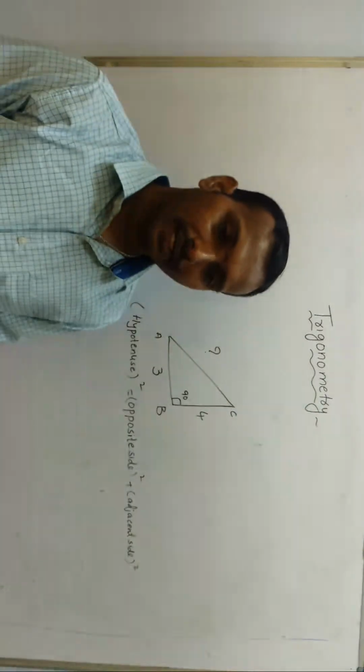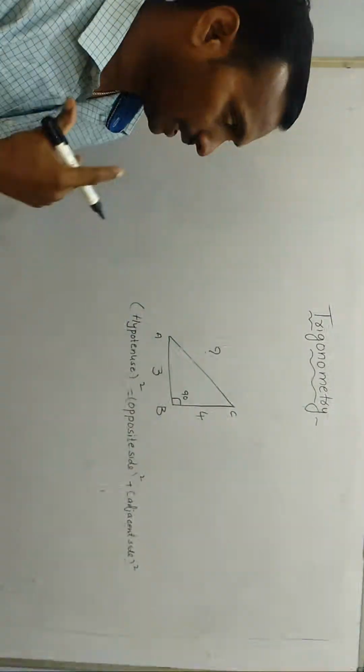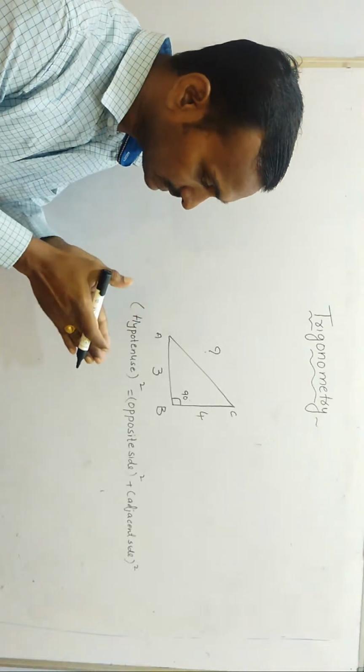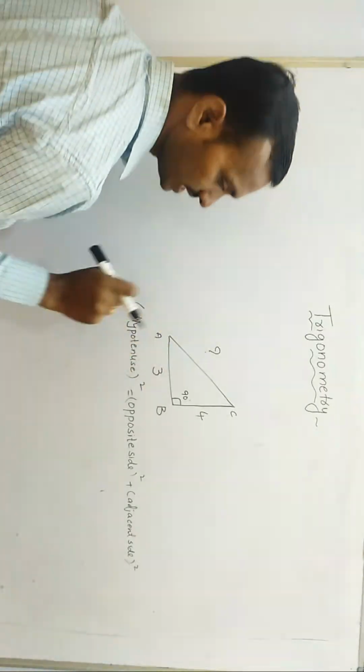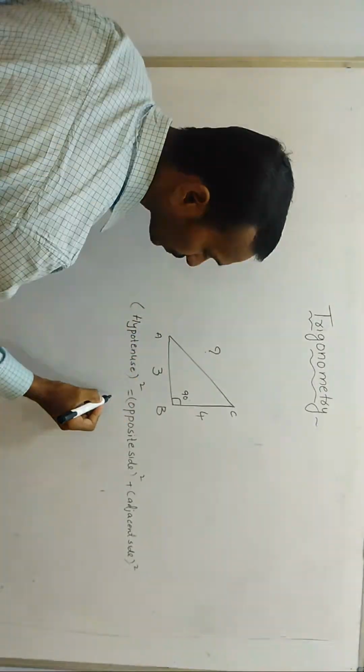Two sides of a triangle are given and he is asking for the third side. So to calculate the third side, we are going to use the formula hypotenuse square is equal to opposite side square plus adjacent side square.